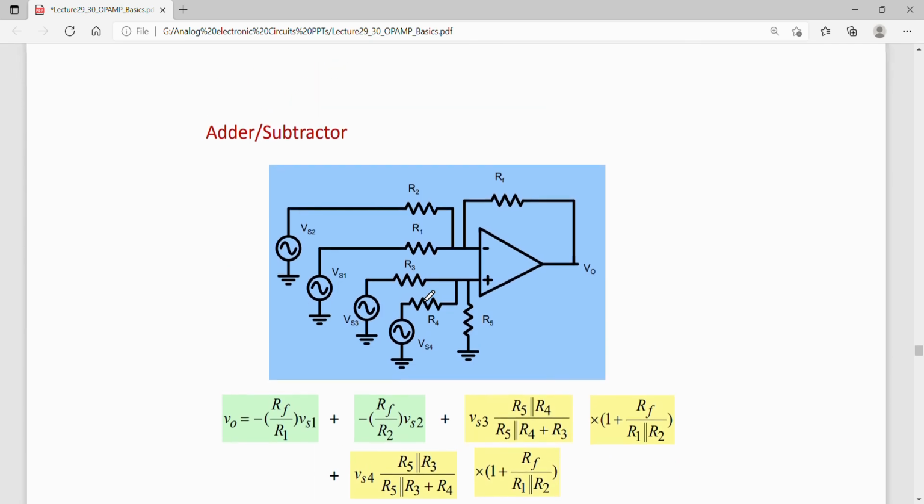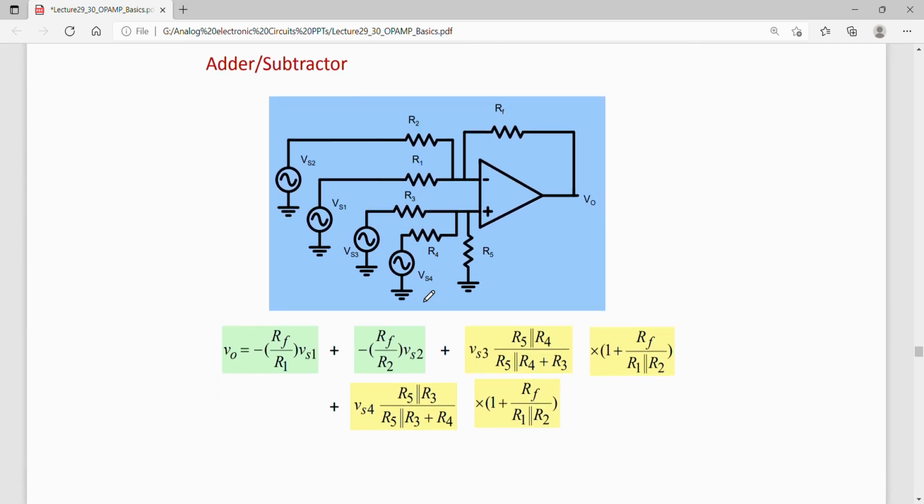Now one can also think of having both adder and subtractor within the same circuit. So for example, this circuit implements both adder and subtractor. Adder, that is adding these inputs Vs3 and Vs4, so Vs3 plus Vs4 we are seeing.